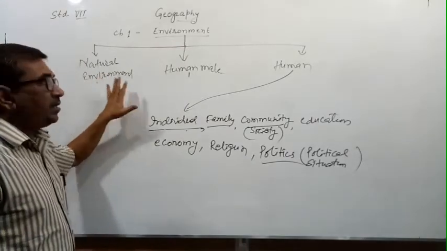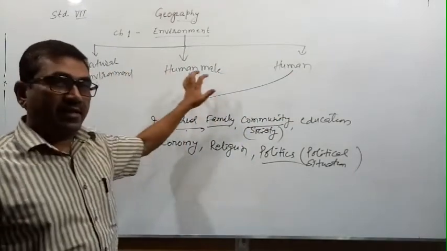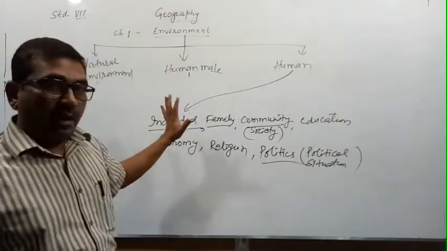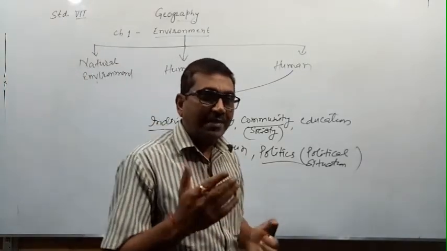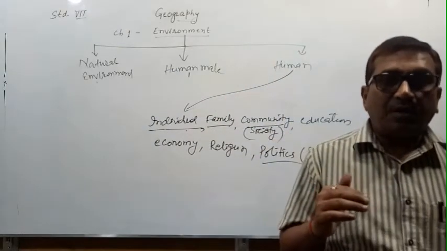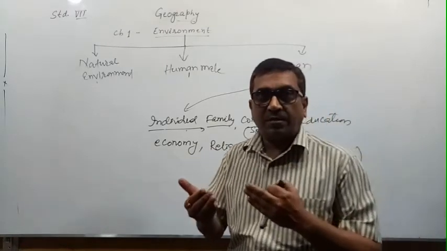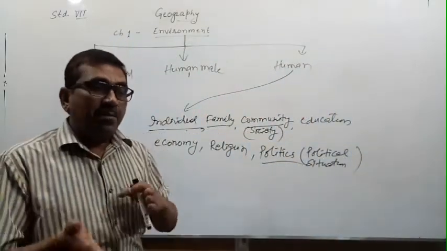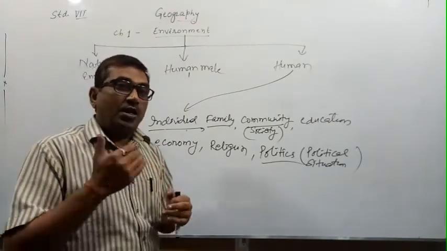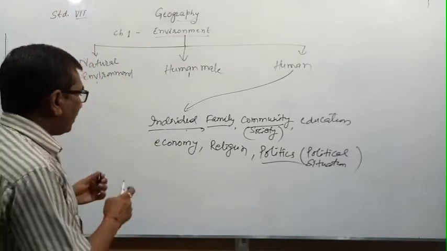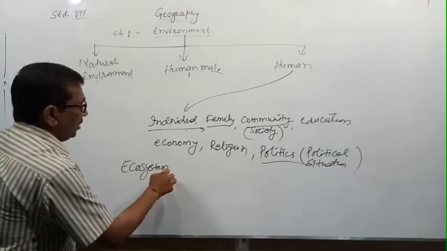We have the natural environment, we have the human-made environment, we have the human environment. All these factors affect our life. The environment of different places is different from each other because environment has a correlation with the immediate surroundings, with the living and non-living things. When we talk about living and non-living things, it comes under the ecosystem.